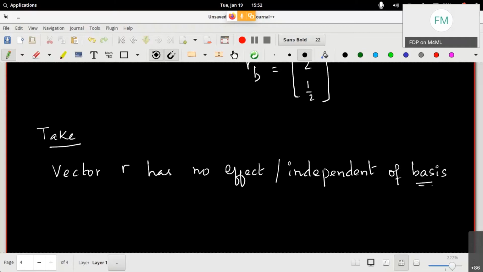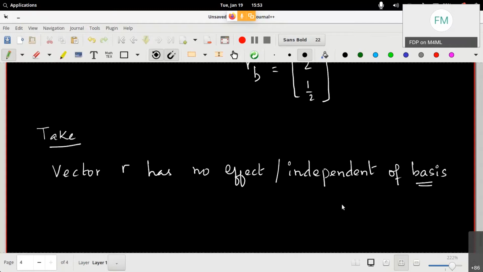So that means even if you change the base, even if you change the coordinate system, basis in the sense it is pretty simple. Don't get confused: people talk about basis as a different thing, but in simple layman terms, bases are nothing but the coordinate system which you are laying down for that space.